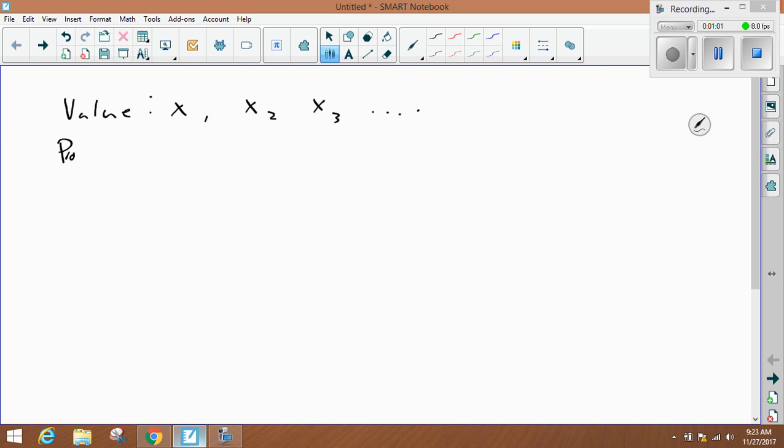And then you'll have a probability. And those will be p of 1, p of 2, p of 3, and then however many you have. So it must be the case that p of i is between 0 and 1.